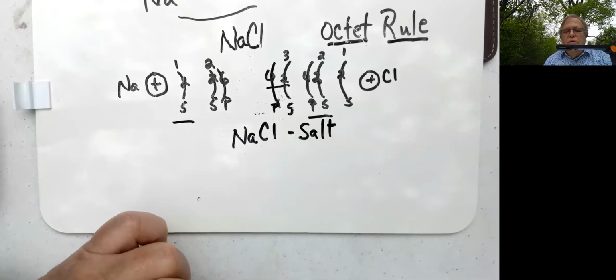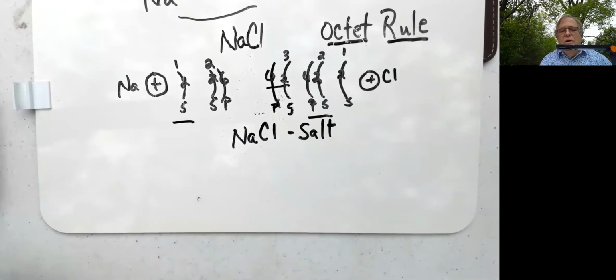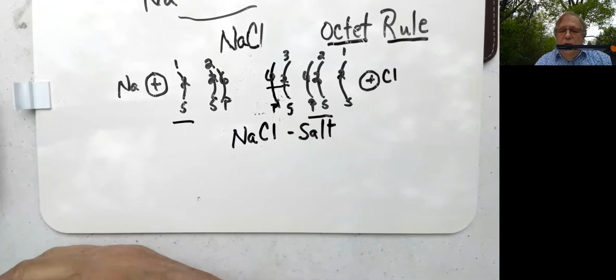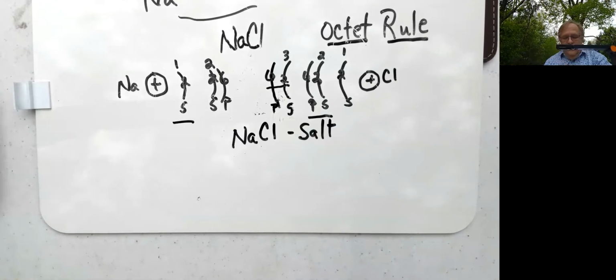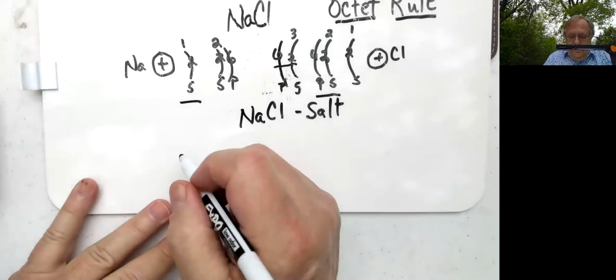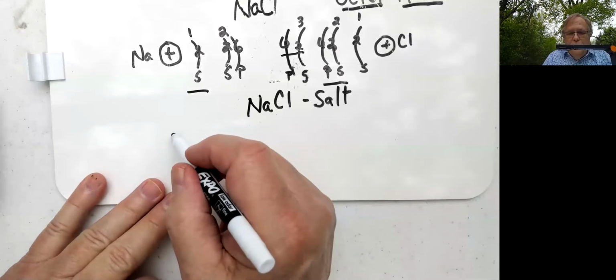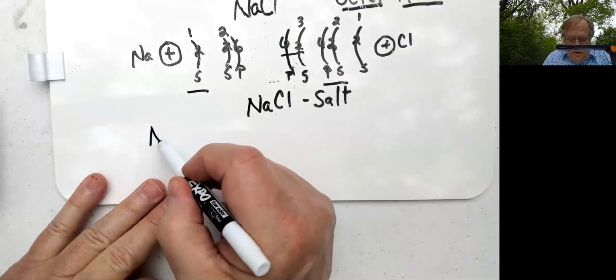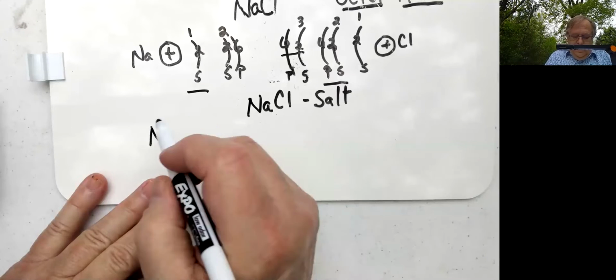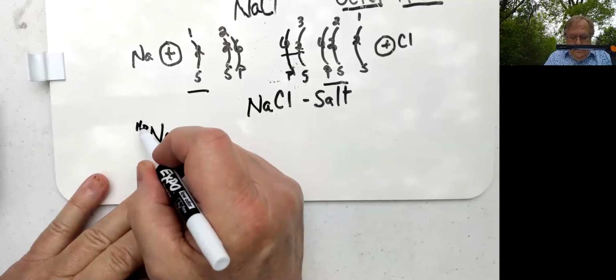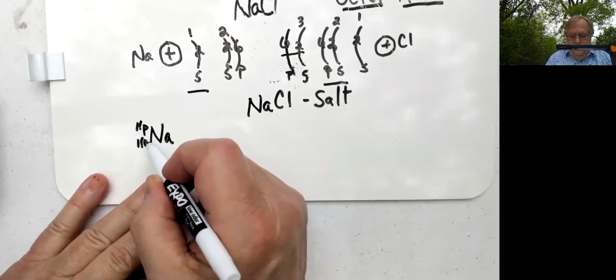And some of you've heard me say many times that salt is not the only salt. Basically, anything that has a metal in it and a non-metal in it is technically a salt, but that's another discussion for another day. Okay, now, if we look at sodium before it reacted chemically, here's what we have. It has 11 protons and 11 electrons.